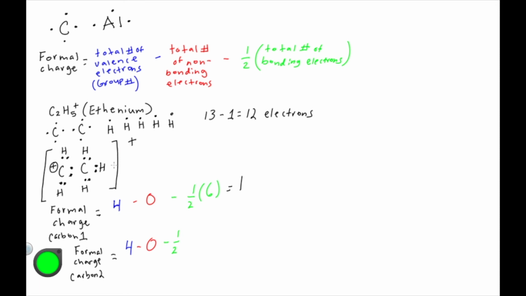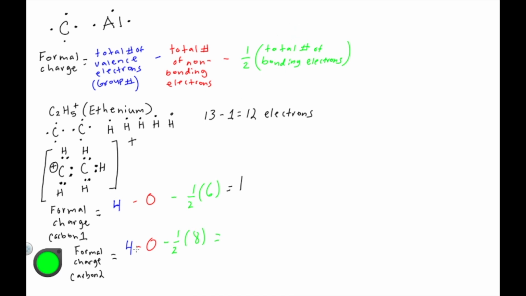So because we have a total of 8 electrons participating in a covalent bond for this carbon, it's going to be 1/2 times 8, right? So now if we do the math, if we take half of 8, that's going to be 4.